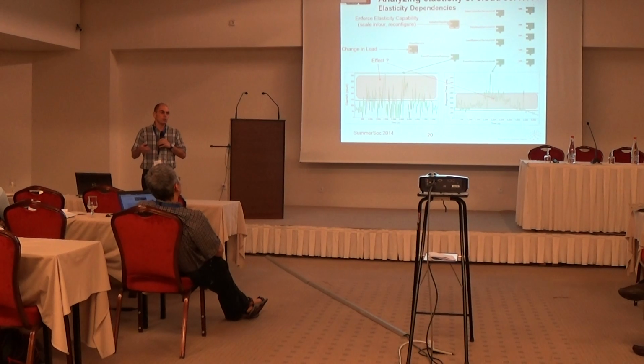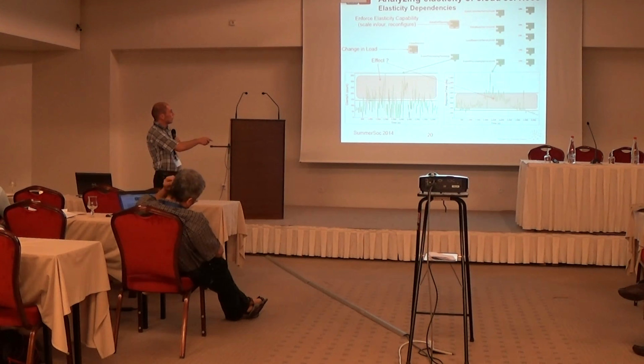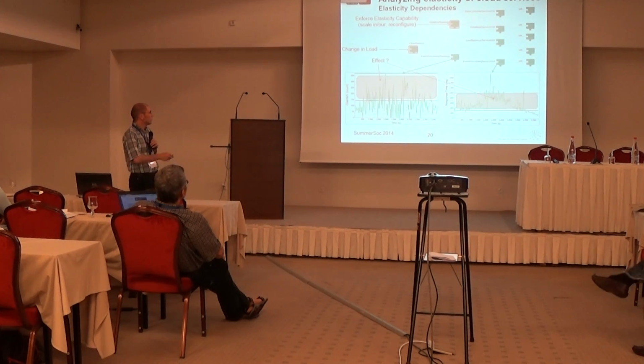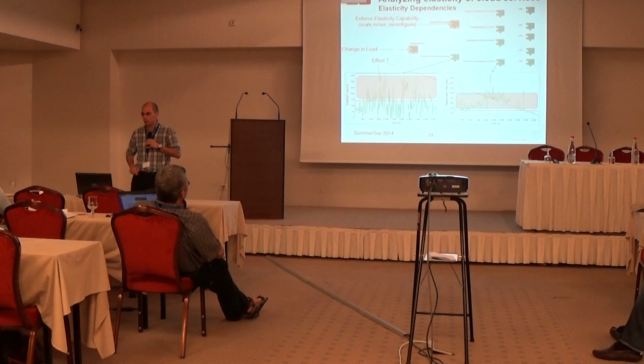It's not what will be the value of the new metric, but if I have an action applied on this, or if I change the load here or anywhere, and if I move this part out of its elasticity boundaries, what other elements of the service would also move out? And at what rate? With which attenuation function, or which delay function? This is currently an open question that we are trying to address.